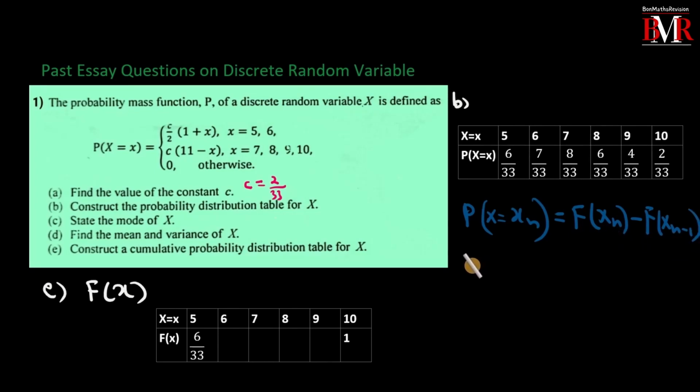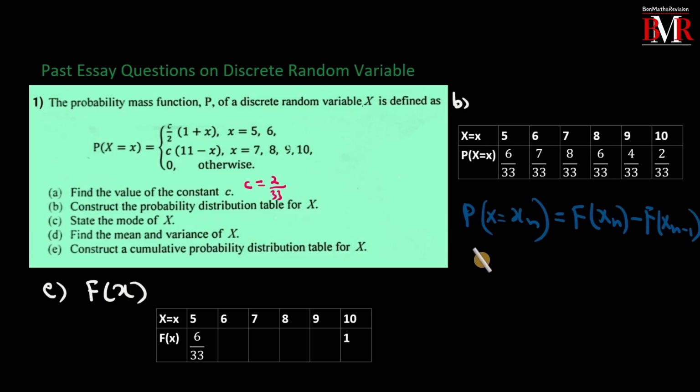What I'm trying to say is that if you wish to calculate, let's say, the probability of x equals 5, then it will be the same as F of 5 minus F of 4. Now we need to calculate F of xn. That is, we need to calculate the cumulative values, not the probabilities. Since we know the probabilities, we need to calculate the cumulative value. So I need to make F of xn the subject of the formula.